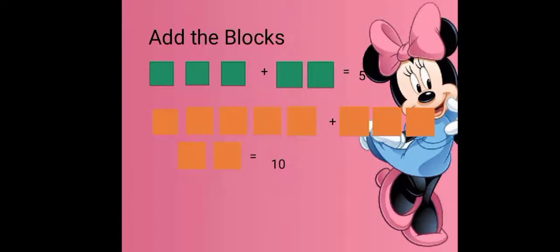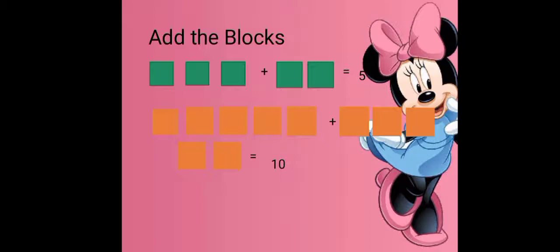The first example: there are 1, 2, 3 blocks, and then plus 1, 2 blocks. 3 plus 2 blocks equals, alright, it's 5. From 3 blocks, you added 2 blocks, it already has 5 blocks.